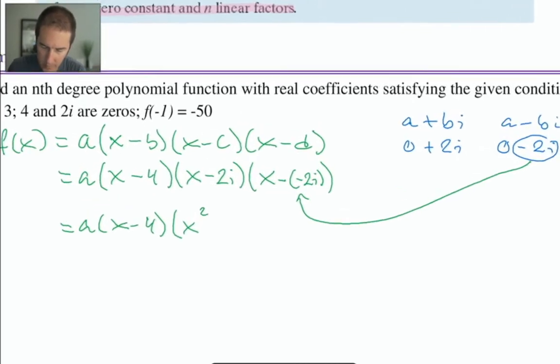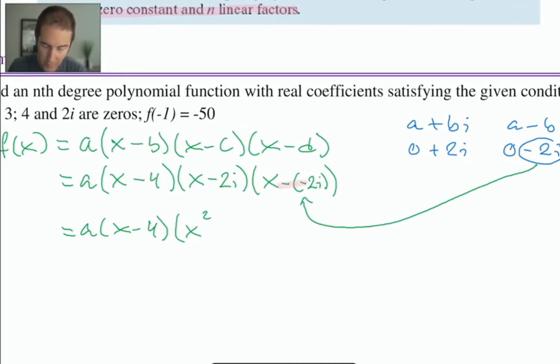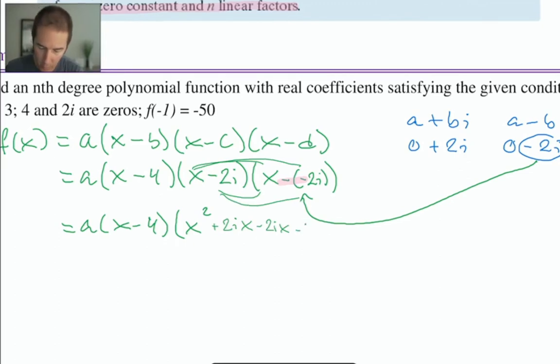Realize, please, that this is really x plus 2i. So we can write plus 2ix. So that's the firsts and the outers, and then the inner gives me a minus 2ix, and then the lasts, that's a negative 2i times a positive 2i. So negative 2 times positive 2 makes negative 4, and i times i makes i squared.